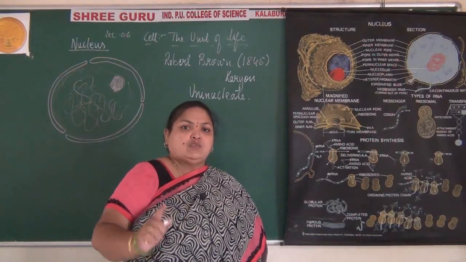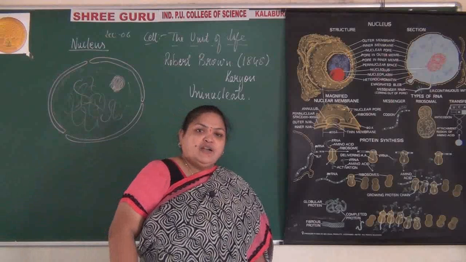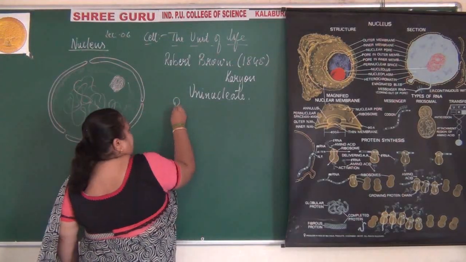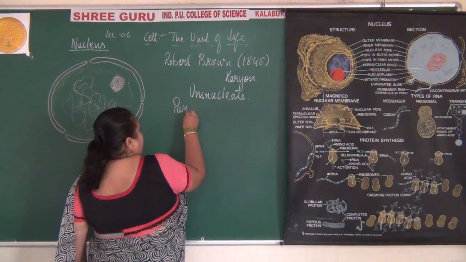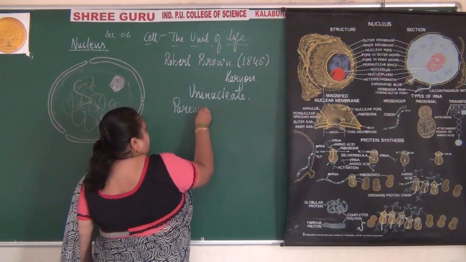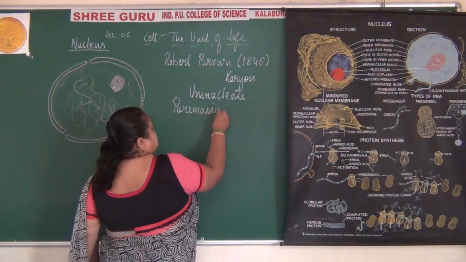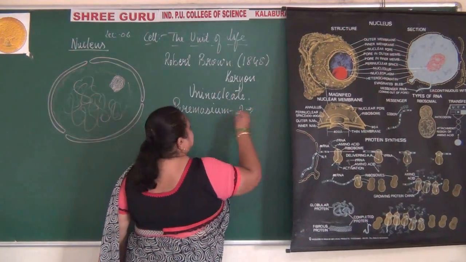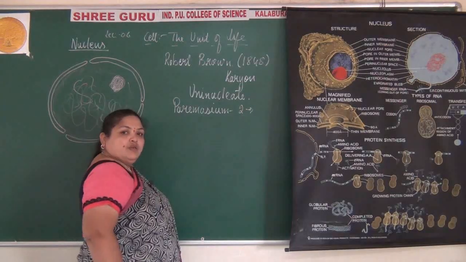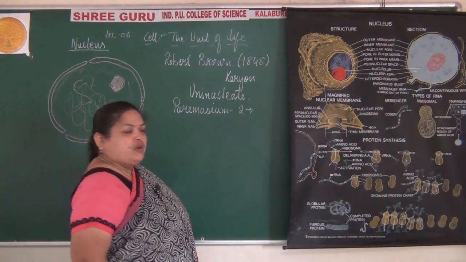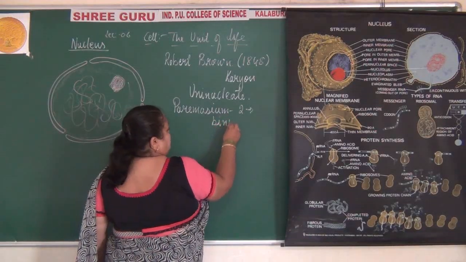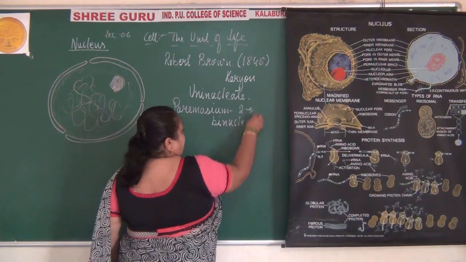Usually each cell has only one nucleus, but in paramecium it is binucleated. Paramecium has two nuclei, so we can say that it is a unicellular organism with two nuclei. So paramecium are said to be binucleated.